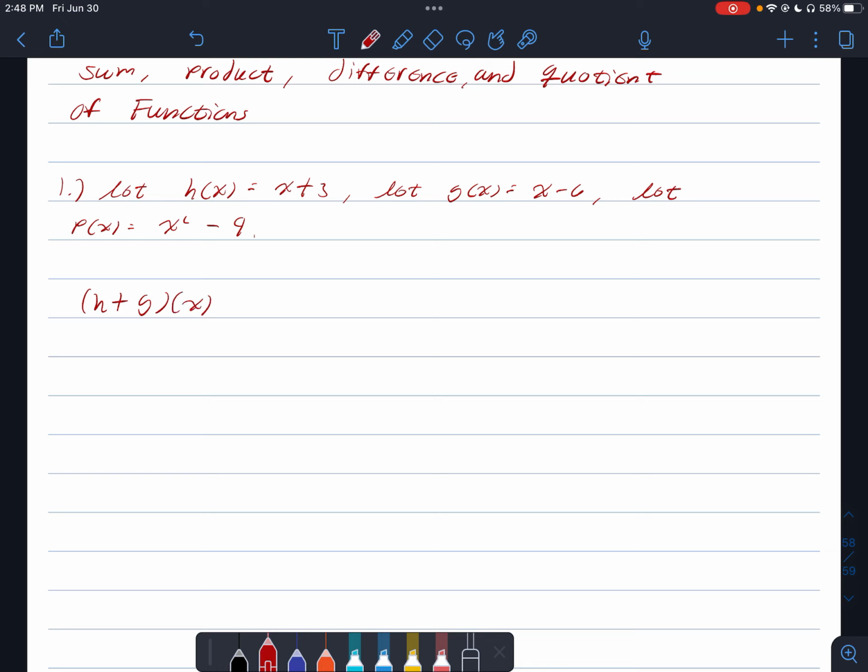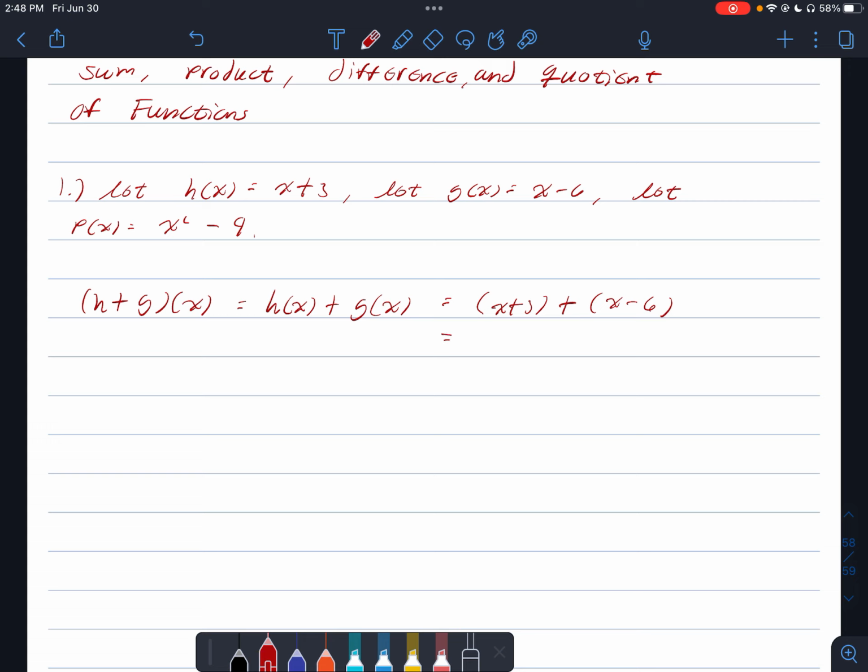If we have h plus g of x, this is the same thing as h of x plus g of x. In this case, h of x is x plus 3 plus g of x, which is x minus 6.